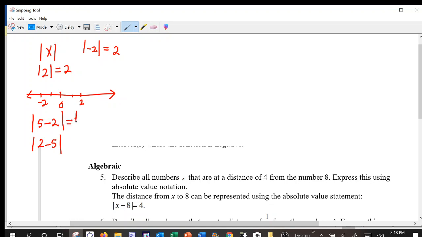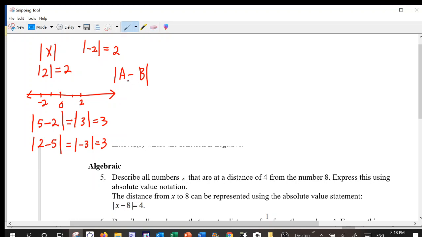Both of these would be, this would be absolute value of 3, which is 3, and this is absolute value of negative 3, which is also 3. So when we write absolute value of A minus B, it is basically the distance from A to B.